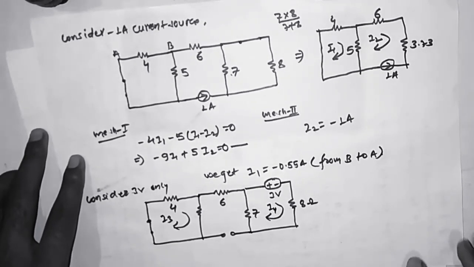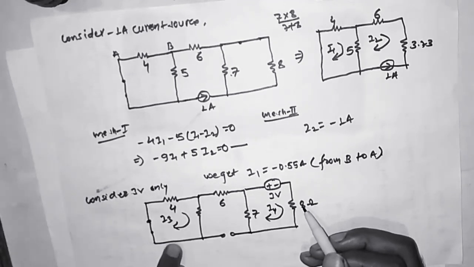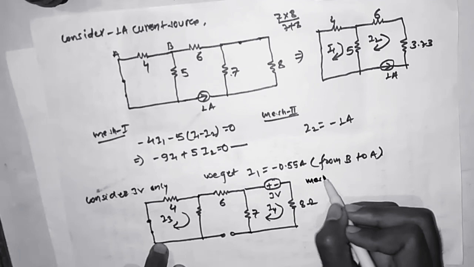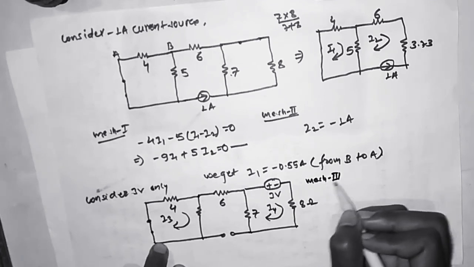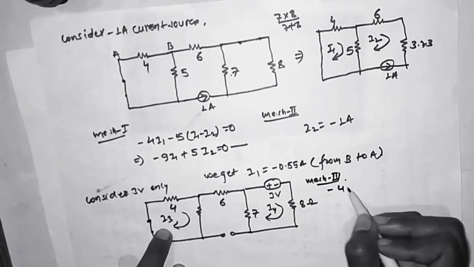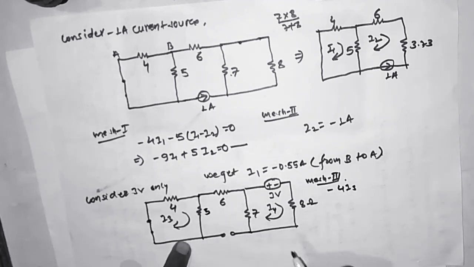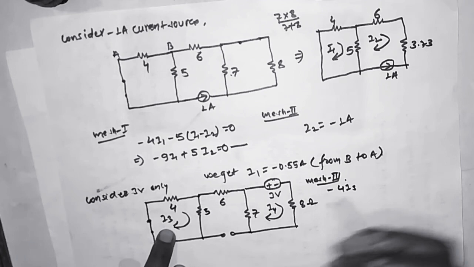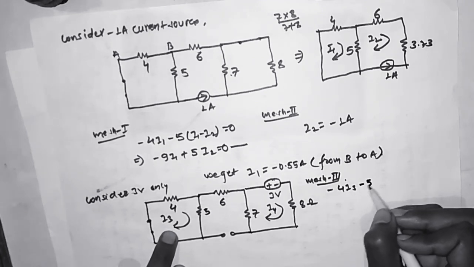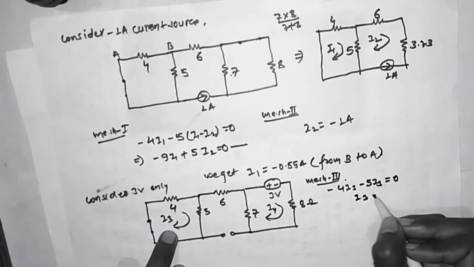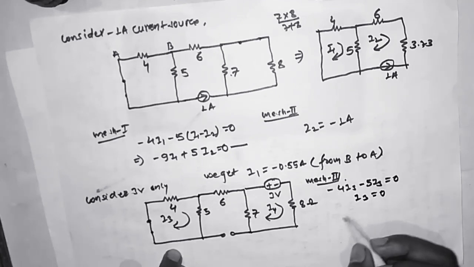Applying KVL to the third mesh, we write minus 4 I3 and minus 5 I3, since the 5 ohm branch is open circuited, equals 0, so I3 equals 0.